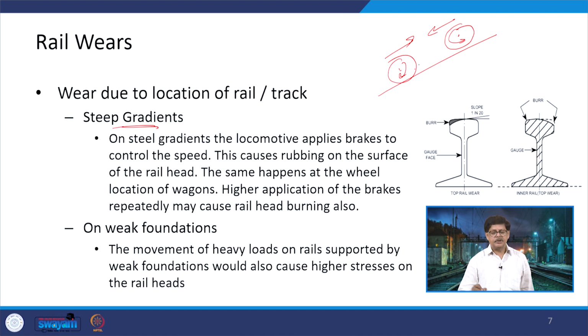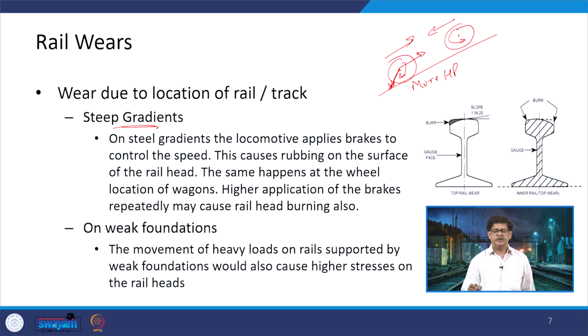When we talk about an upward movement, more horsepower or hauling power will be required, and it will try to keep pushing on the rail head, so that it gets a push in the forward direction. So, this is one problem here.